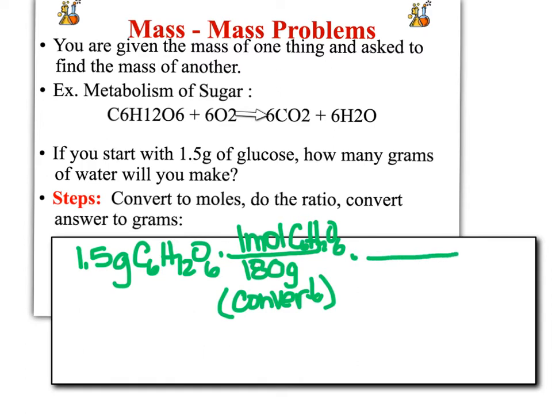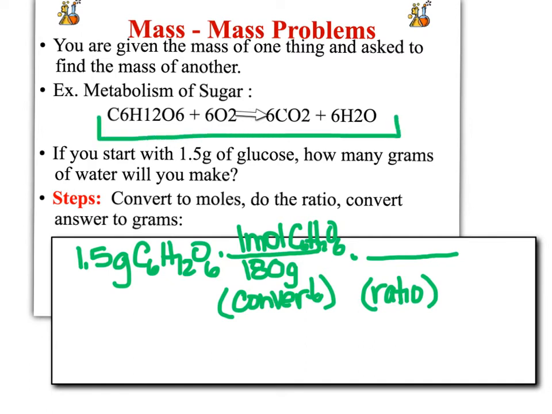Our second equation was our ratio, and this is the only step where you go to your original equation and look at coefficients. Do not look at coefficients when you're doing any other step. So we want to know our relationship between glucose, that's the one we want to get rid of, and the one they're asking for is water.